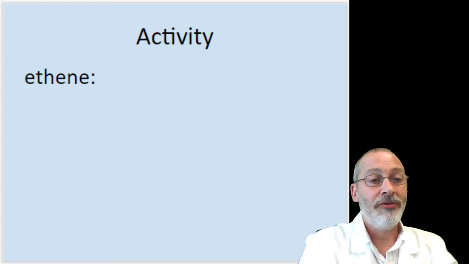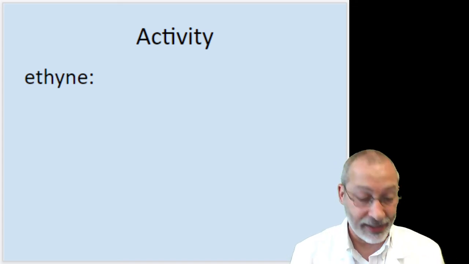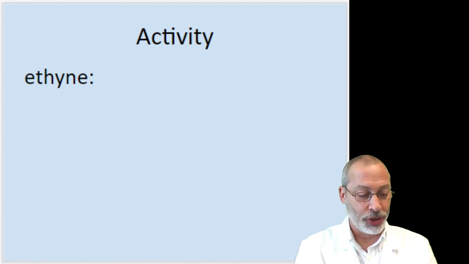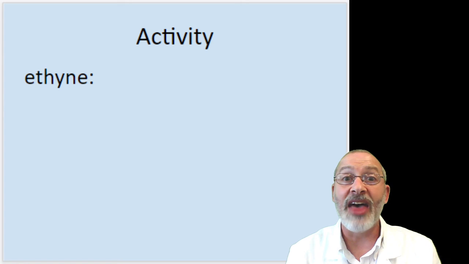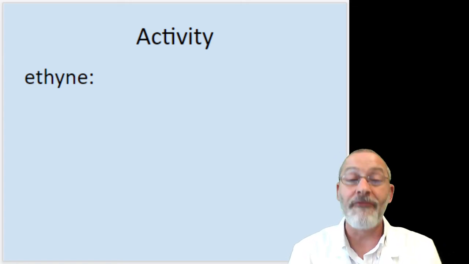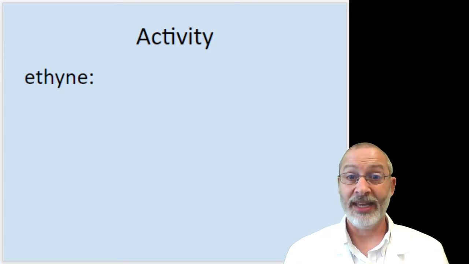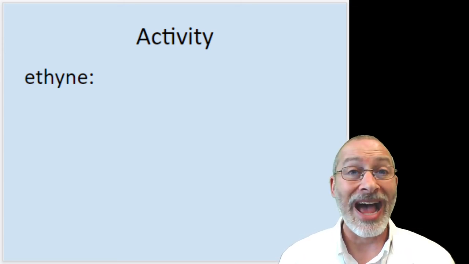And now for the next example, which is ethine. Oh my, we're getting a little bit more challenging here now. Ethine. All right, eth. What does the prefix mean, everybody? Two. Excellent. And it ends with another suffix, yne or ine.